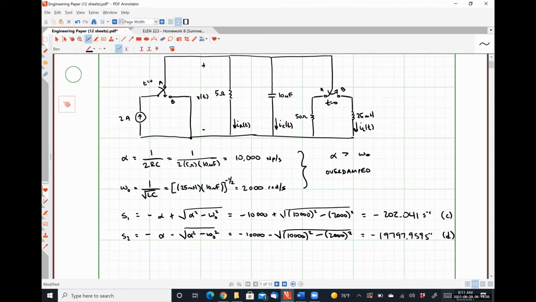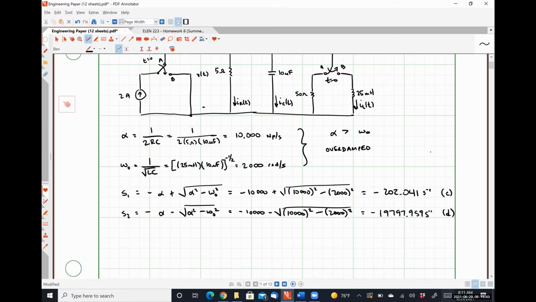I'm storing that as variable D. So that would take care of part A for that problem, and then some.